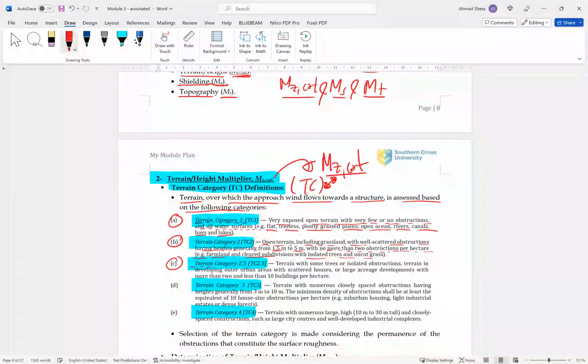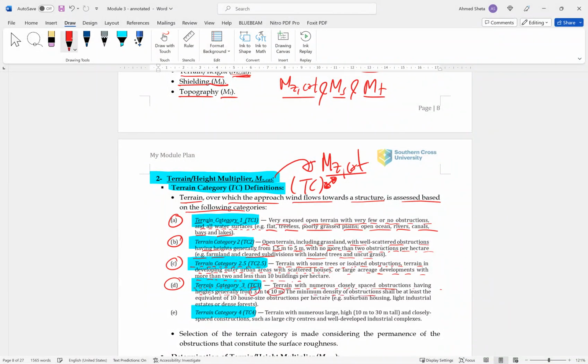Terrain category 2.5, or TC2.5, is terrain with some trees or isolated obstructions. Terrain in developing outer urban areas with scattered houses or large acreage development with more than 2 and less than 10 buildings per hectare. Next is terrain category 3, or TC3, which is terrain with numerous closely spaced obstructions having heights generally from 3 to 10 meters.